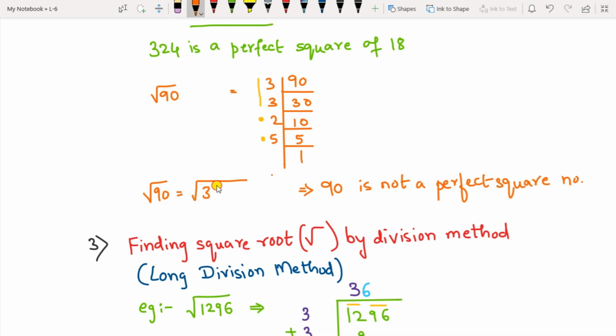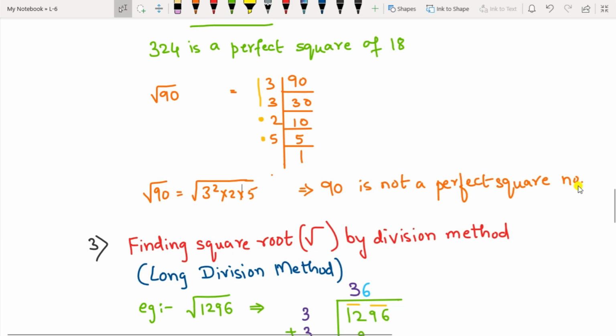So if we see this 3 square into 2 into 5, 2 and 5 are not in a pair, so 90 is not a perfect square number.